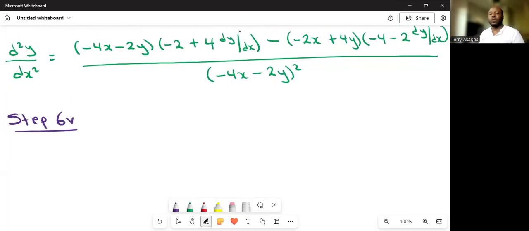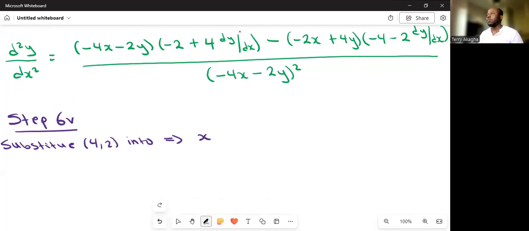Here, x is equal to 4, y is equal to 2, and I told you that you also substitute dy over dx to be equal to 0, because at a stationary point, dy over dx is 0. Okay? So that's what you're going to do.